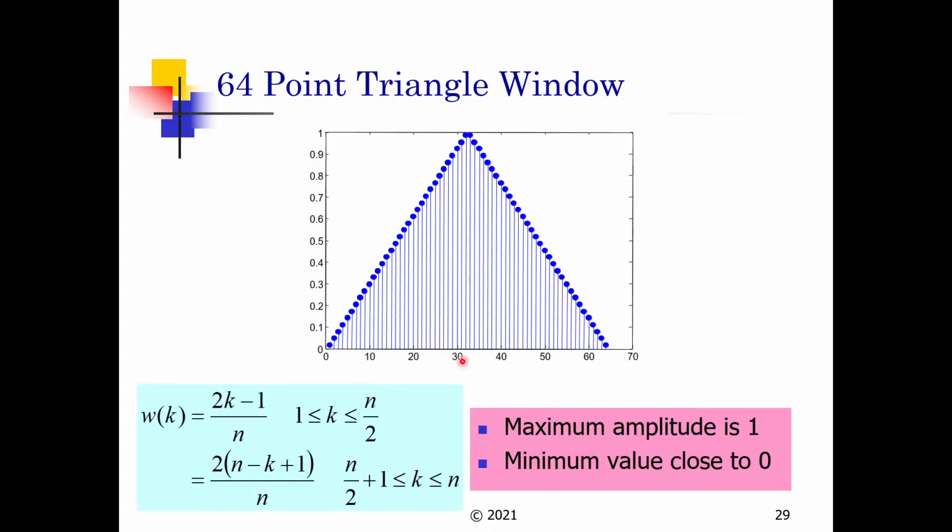If you increase the number of points, however, so instead of an 8-point, you go to a 64-point, you can get the maximum amplitude and the minimum values going. The maximum amplitude will go to 1, but the minimum value will go closer and closer to 0 accordingly for the triangular window itself.